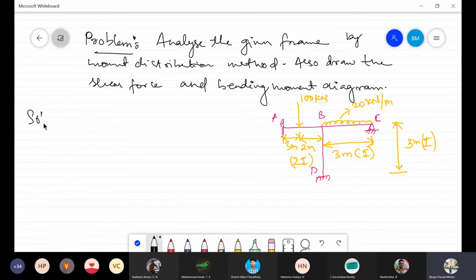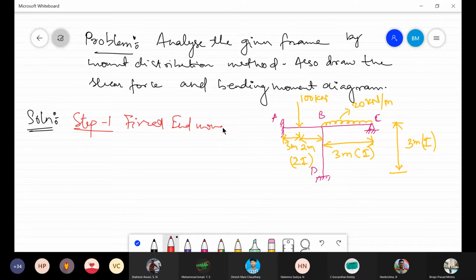So if you go to the solution, what will be the first procedure? What will be the first step? Fixed end moments. So step 1, fixed end moments. Okay, so what will be MFAB?